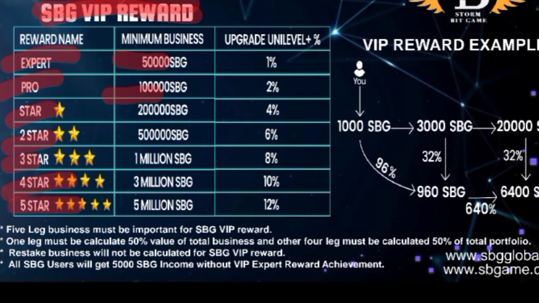To achieve the 5-star rank bonus, you need $5 million business in your downline across 20 levels. If you have achieved the first level, that is the expert, at the expert level you will receive 1%.